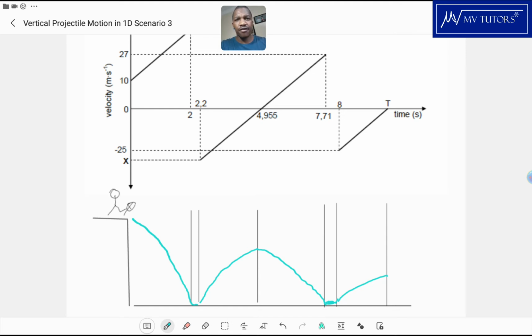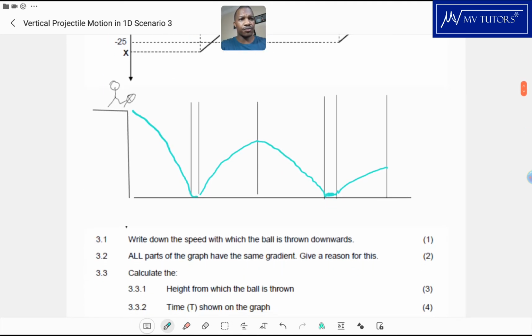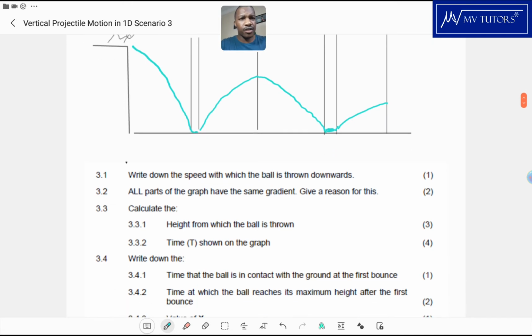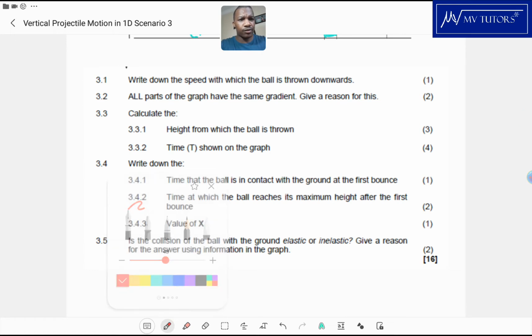behavior. Okay, so now that we've gotten this away, let's go and read the question. The question says, write down the speed with which the ball is thrown downwards. I like to use red to write my answers.